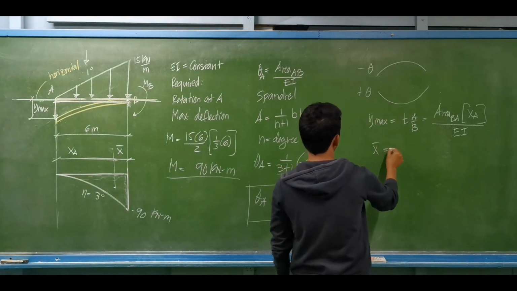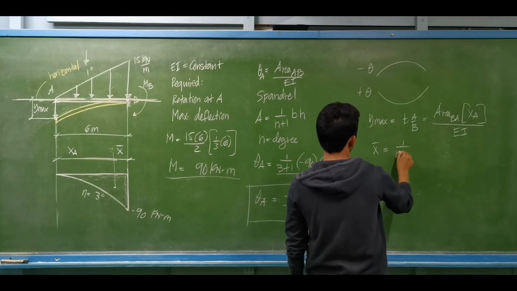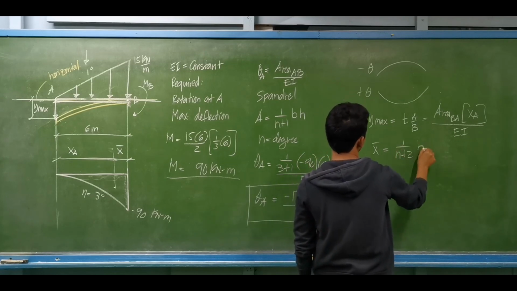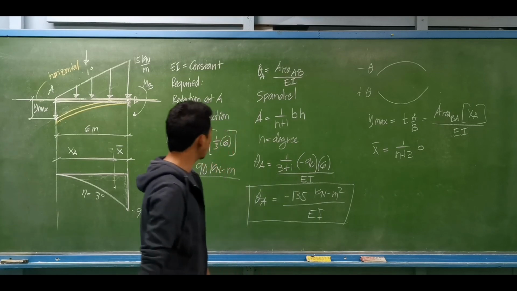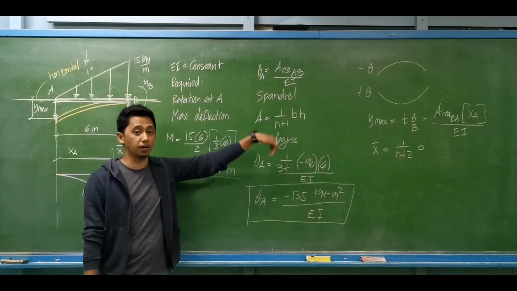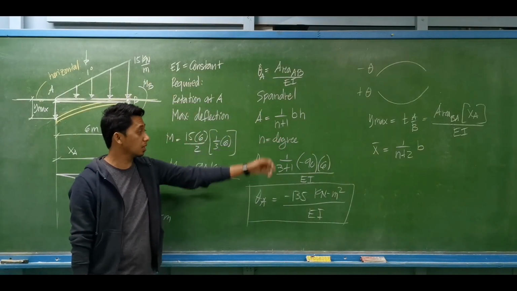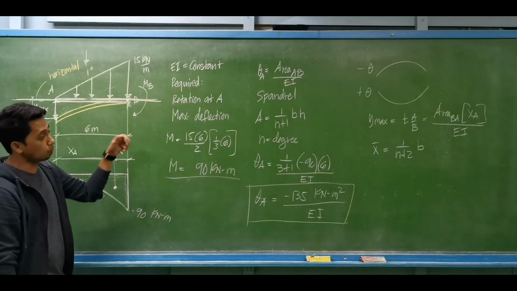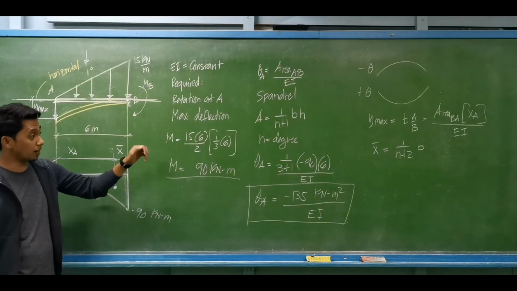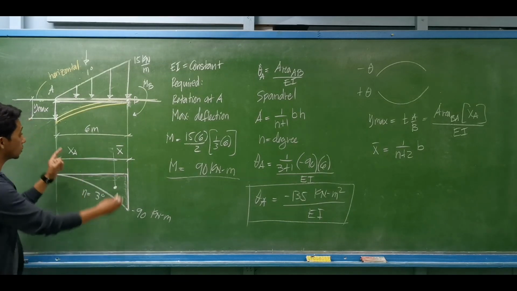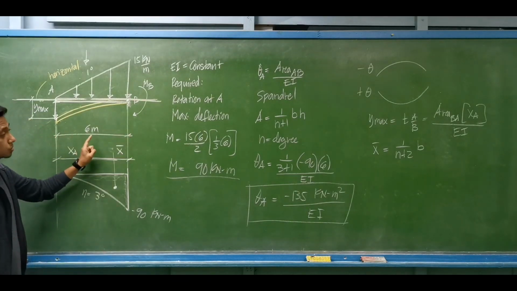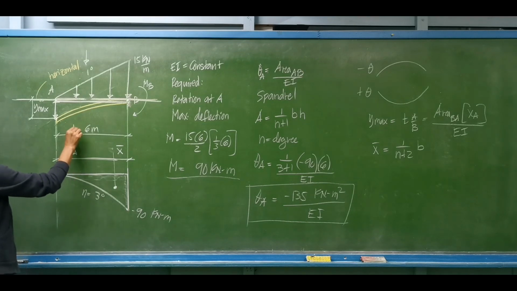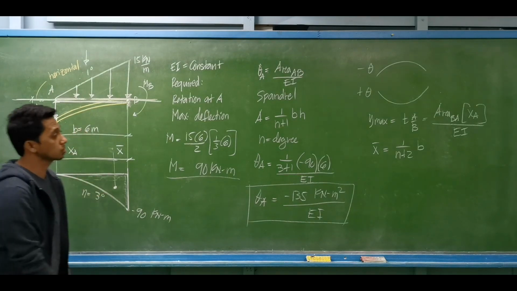We have the value of bar x equal to 1 over n plus 2 of the base. If the area is 1 over n plus 1 times base times height, and you are locating the centroid of a given spandrel, that is 1 over n plus 2, then this distance, which is the 6 meters, will be used as the base.